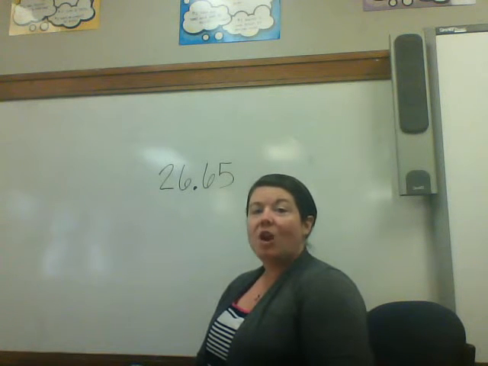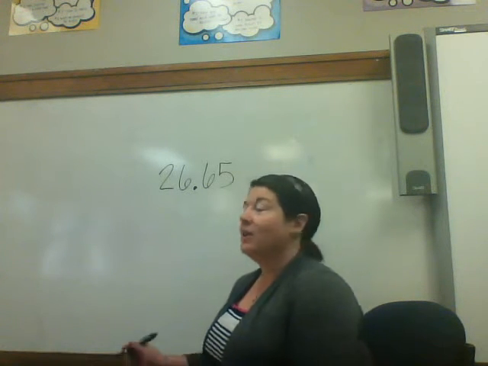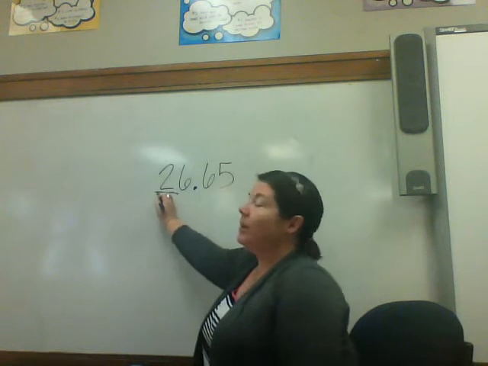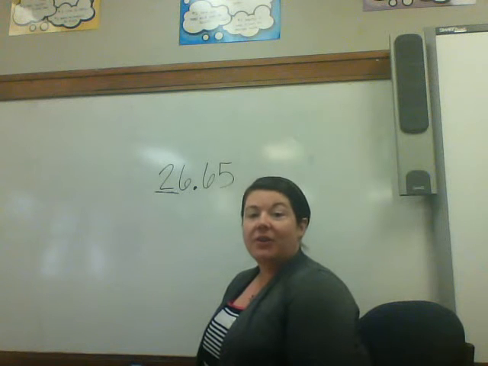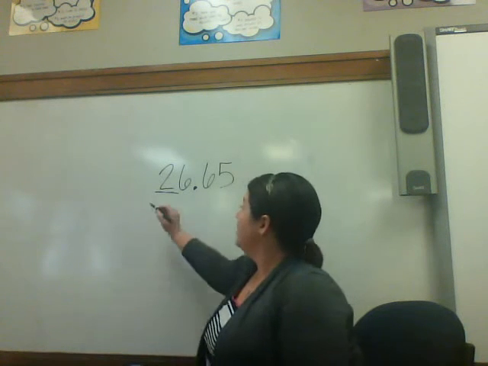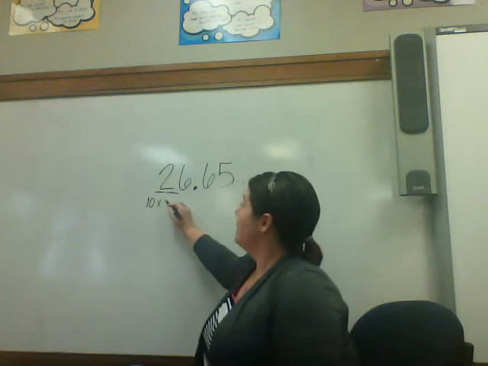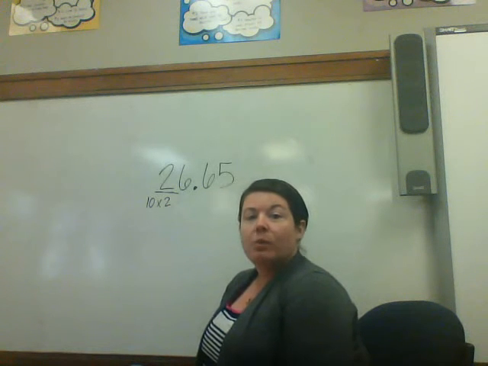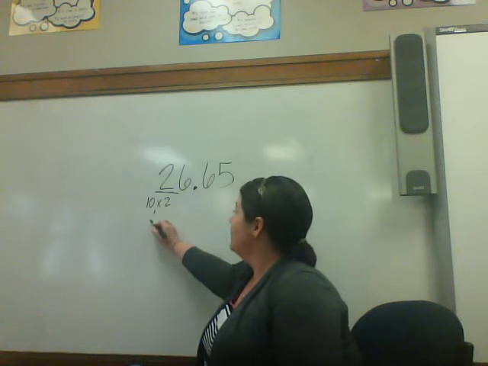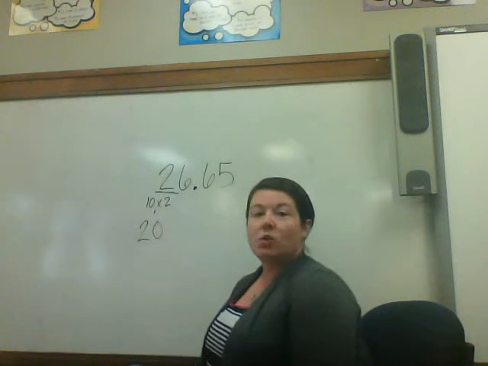So first we're going to start with our highest place value. In this number, that's the tens. So I know that to find the value, I do 10 times the digit that is sitting in that place. Well, we know that 10 times 2 is 20.